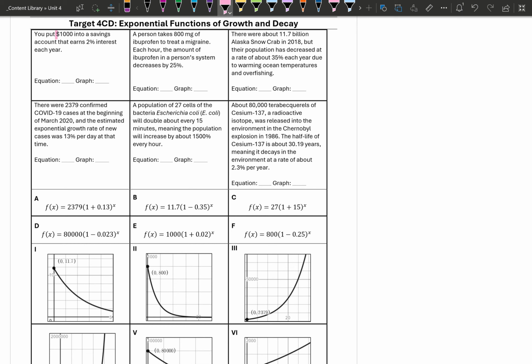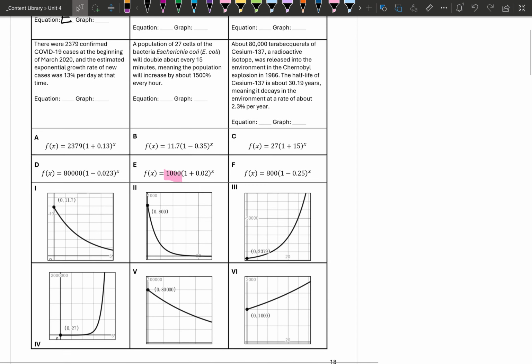You put $1,000 into a savings account that earns 2% interest each year. Take a look at the functions, so the equations, and see which one you think will go with putting $1,000 into a savings account. Hopefully you chose the letter E because you saw the 1,000 there.